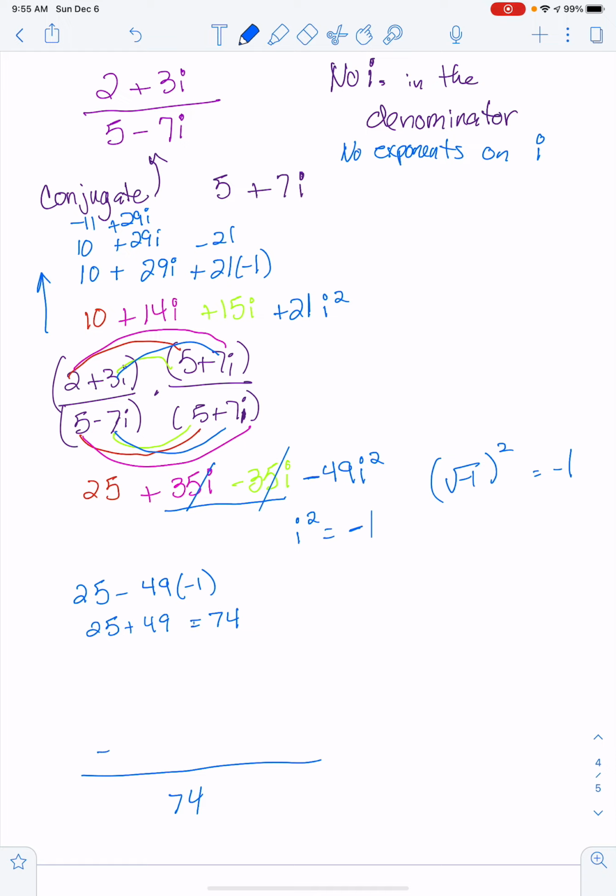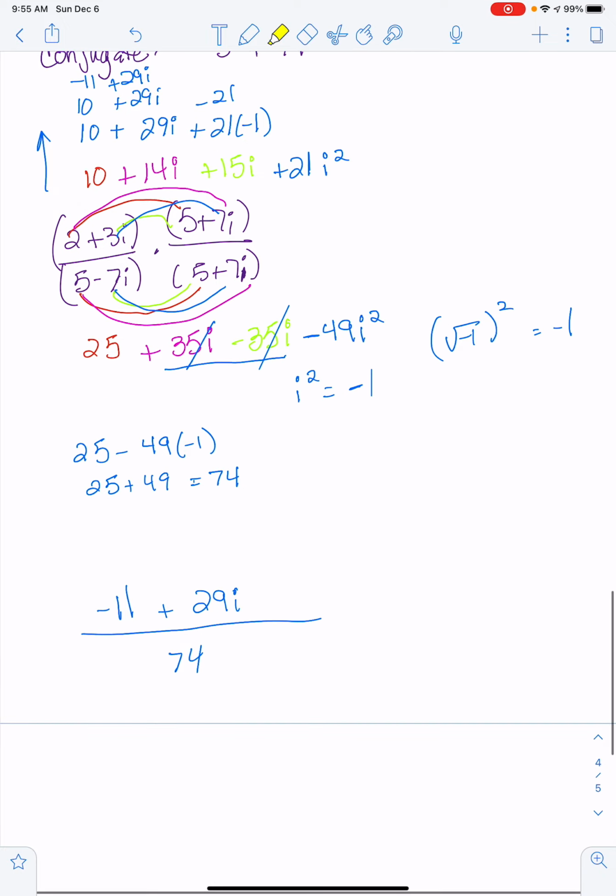So sometimes you'll see it written as a fraction like this. It's okay to have i's in the numerator. It's only the denominator where you're not allowed to have i's. The next step might be to write it as a complex number. So it would be negative 11 over 74 plus 29i over 74.